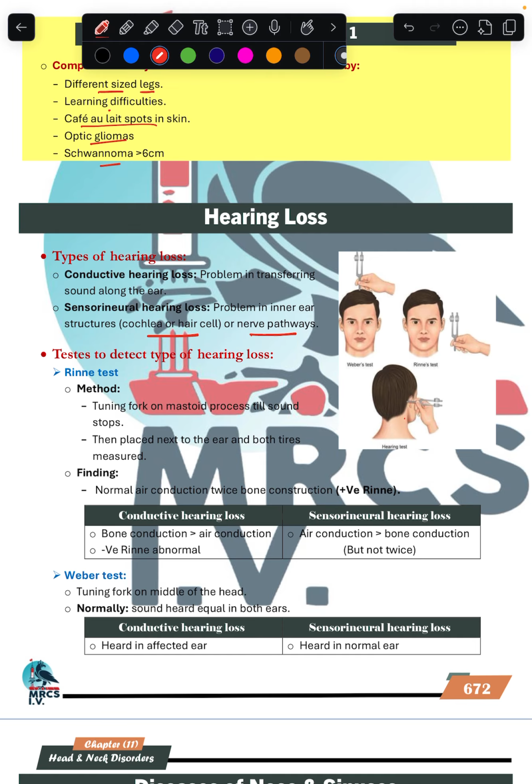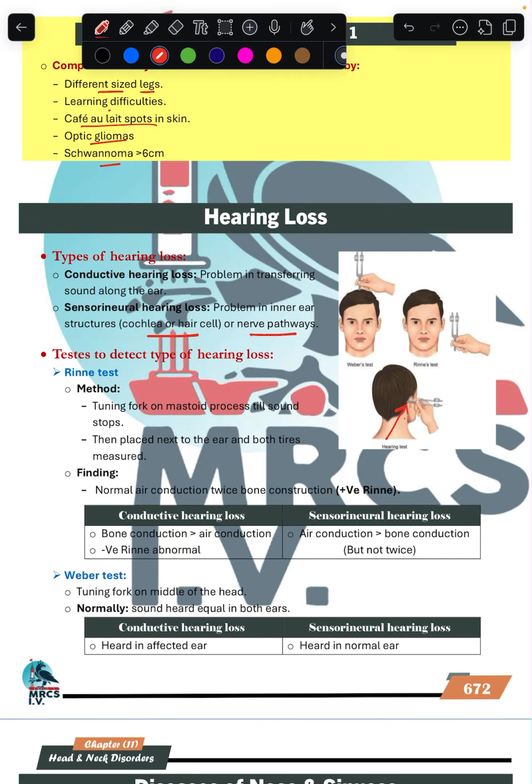Both ears are measured. Normally, air conduction is twice the bone conduction. Even if the sound has stopped from the bone when you keep it on the mastoid, you then place it near the ear and ask the person whether he is hearing. If yes, that is positive.